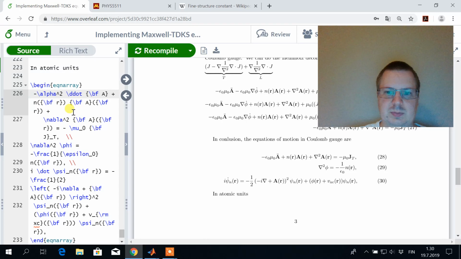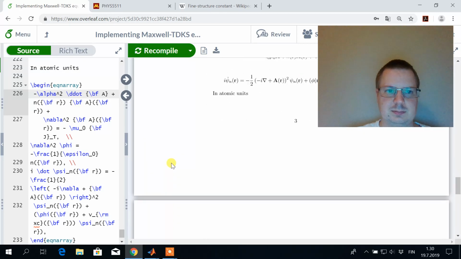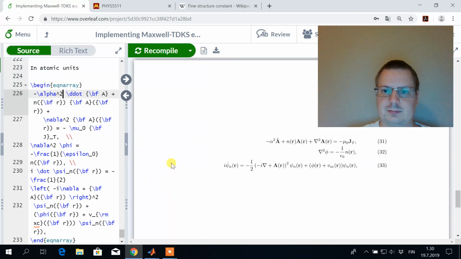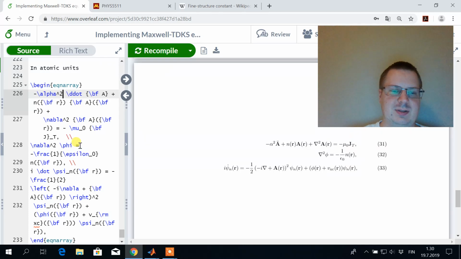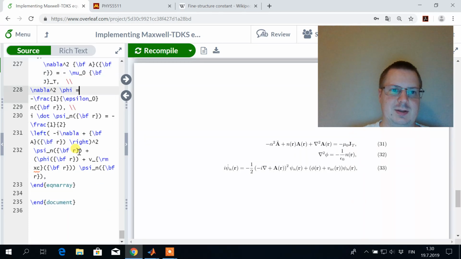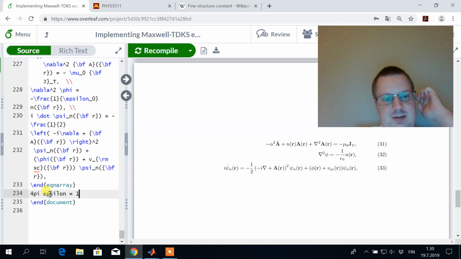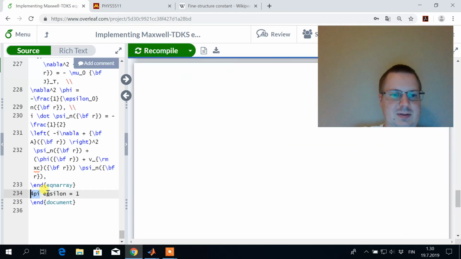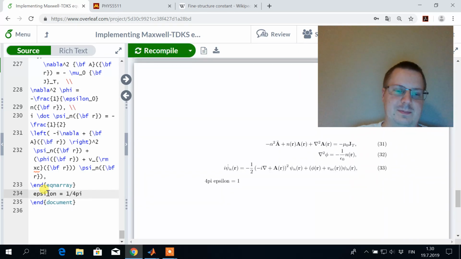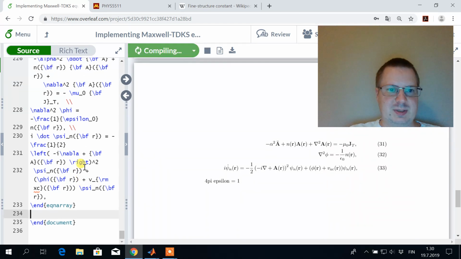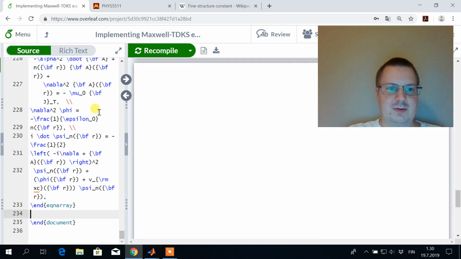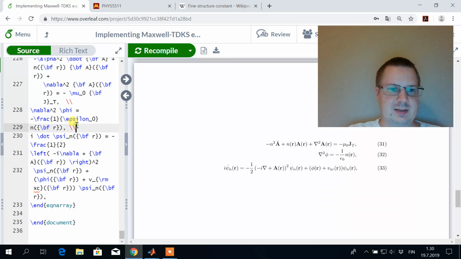And then the epsilon, so in atomic units 4 pi epsilon is 1. This means that epsilon is 1 over 4 pi. So this epsilon, 1 over 4 pi, 1 divided by epsilon is then 4 pi. So this one is just 4 pi.